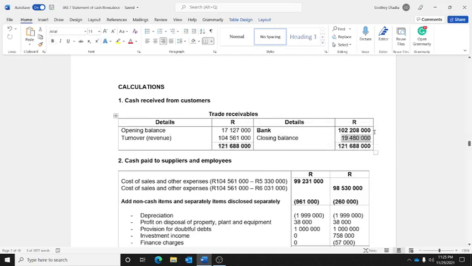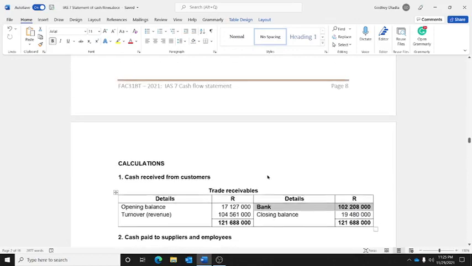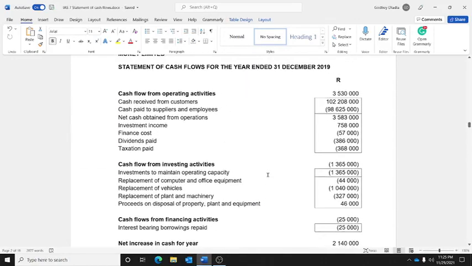Then it tells us that our cash received from customers is 102,208,000, right? Which is this amount here. So in this one, I'm trying to use the T accounts so that I can demonstrate to you guys how it's done.